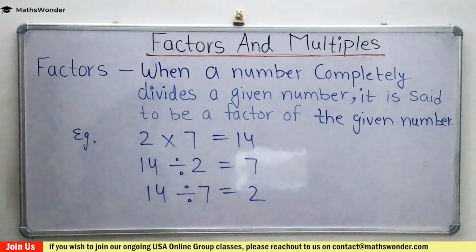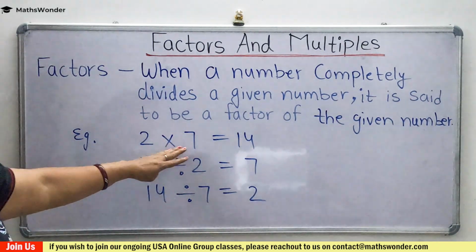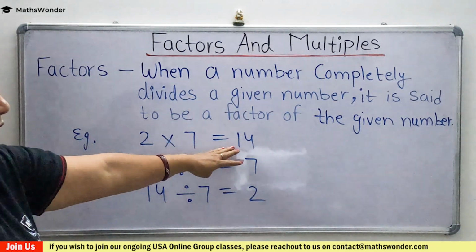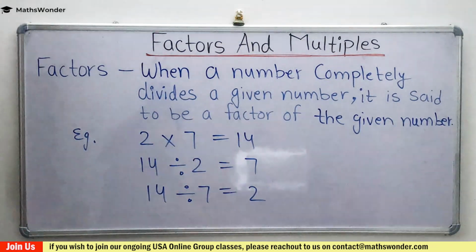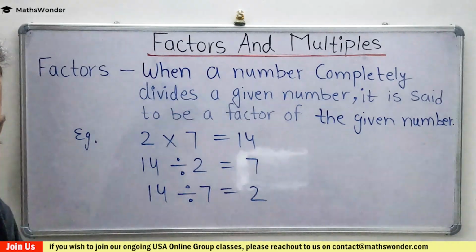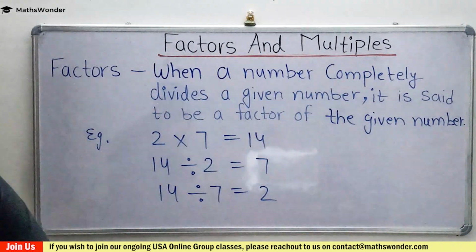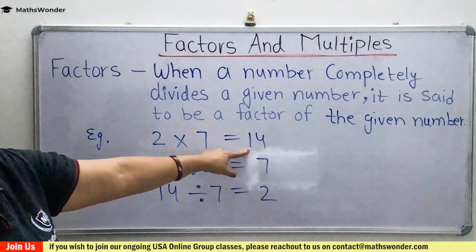Any confusion here? In this case, both 2 and 7 divide 14 completely, without leaving any remainder. So we can say that 2 and 7 are factors of 14.